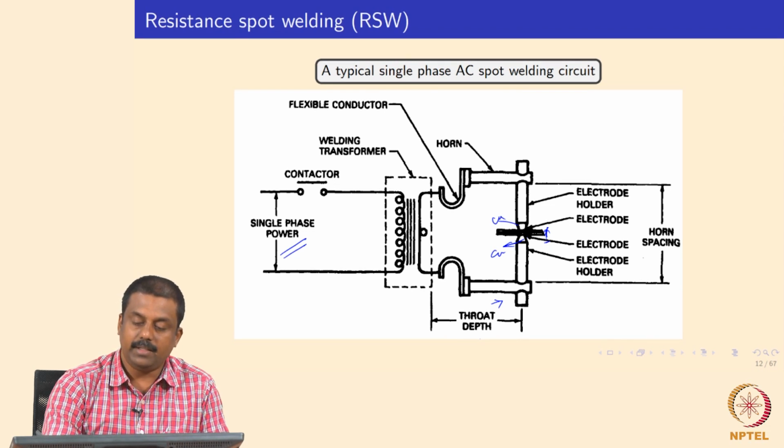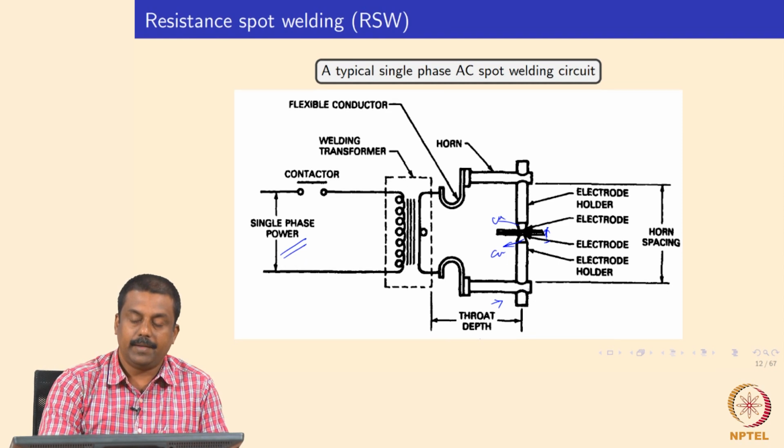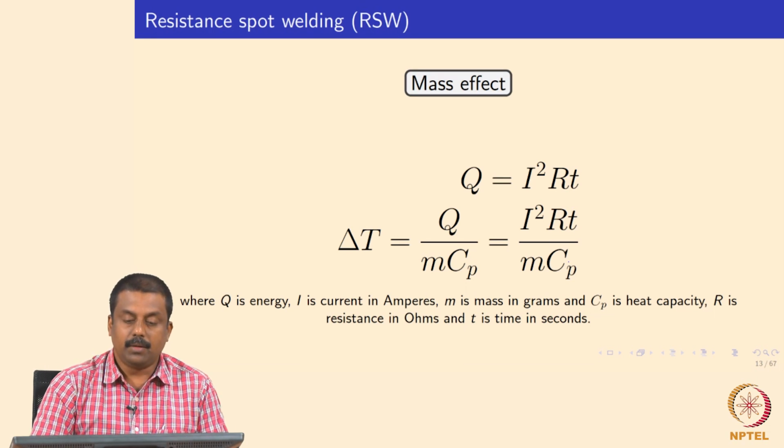In a typical resistance spot welding cycle, these horns are replaced with robotic arms. The robotic arms can also control the application of load and the movement of the electrodes with respect to the welding positions.